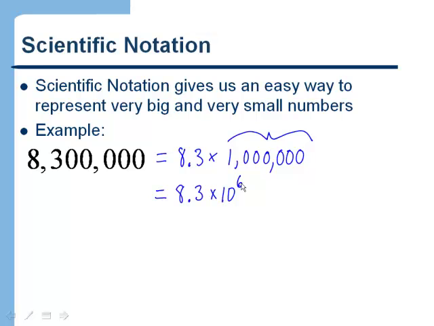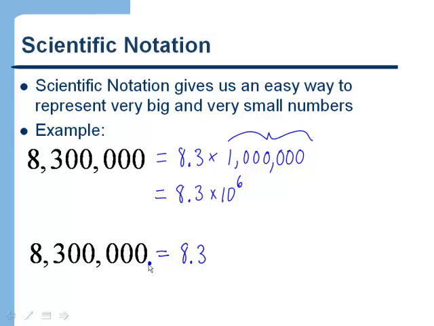And that's scientific notation. Let me show you a trick for how to quickly get to scientific notation when you have a very big number. Basically, the power of 10 can be found very quickly by just counting how many places you are moving the decimal. So in other words, the decimal is starting here, and we want to write this as 8.3.